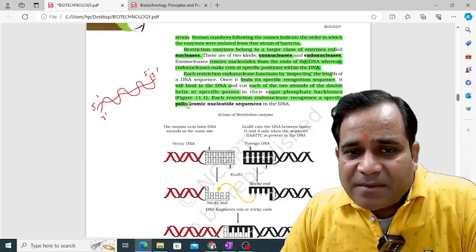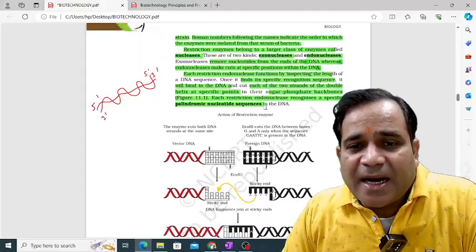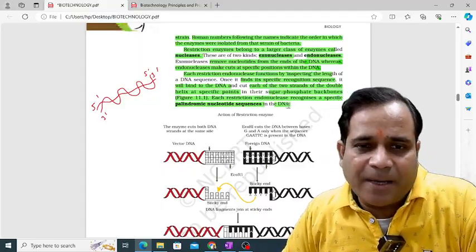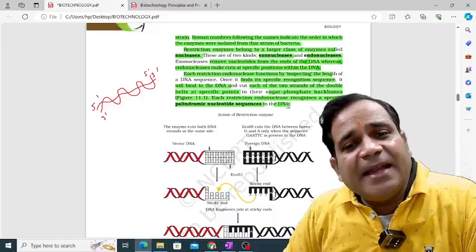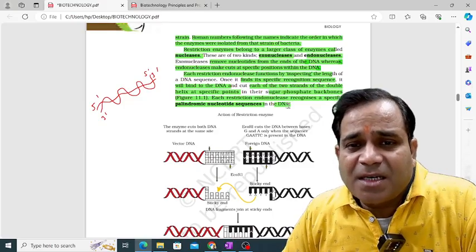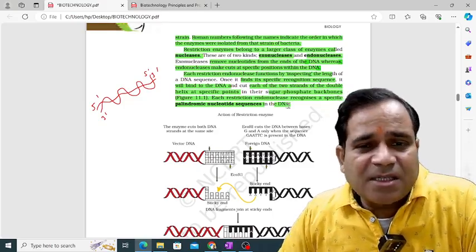That very specific sequence is known as a palindromic nucleotide sequence in the DNA, my dear. This one is very, very important to understand. So in any DNA, the endonuclease recognizes a specific what? Palindromic nucleotide sequence. Here the enzyme cuts both strands of the DNA.